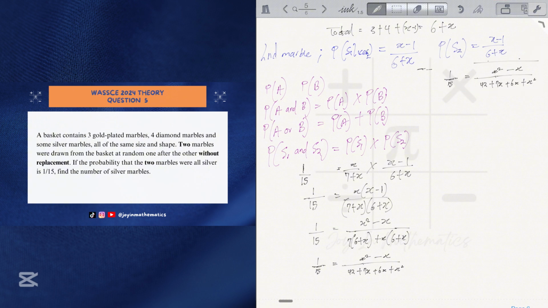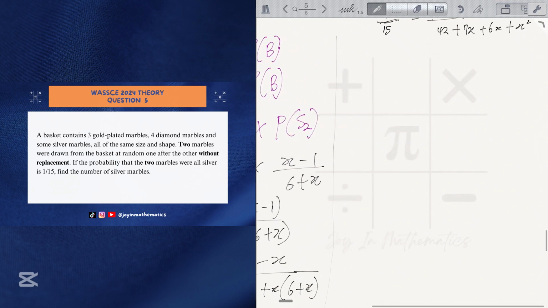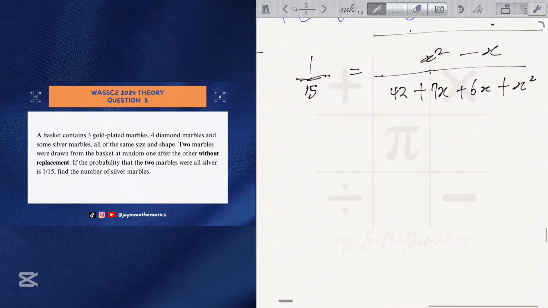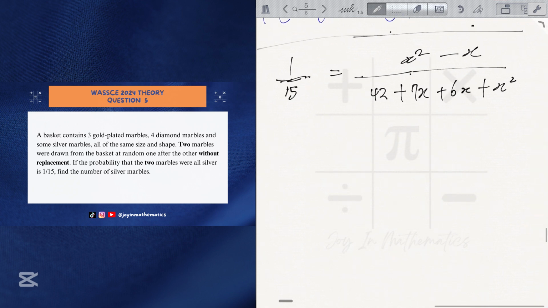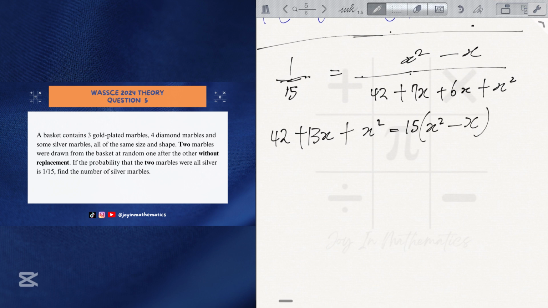If you cross multiply now, we will have 42, 7x plus 6x is equals to 13x plus x squared to be equals to 15 into x squared minus x. So we have 42 plus 13x plus x squared is equals to 15x squared minus 15x.